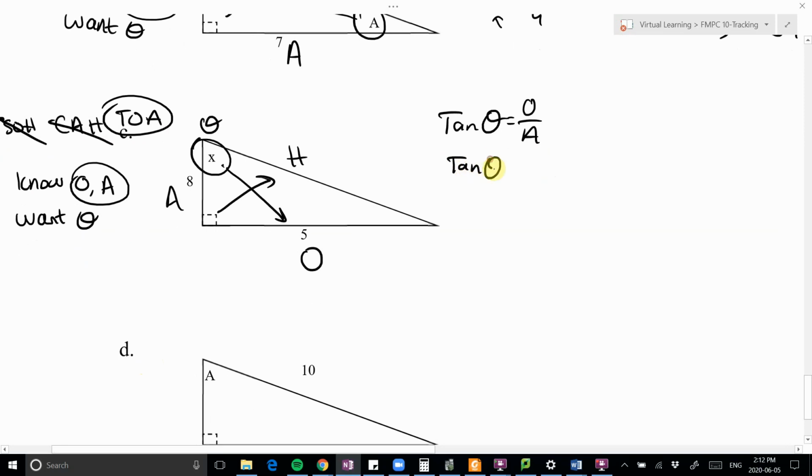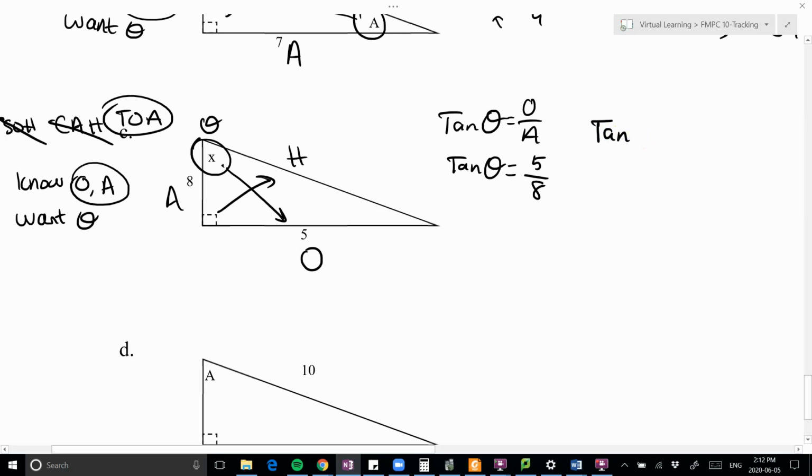Tan theta, 5/8. And so I'm going to show you another fancy calculator trick, and this is where knowing your calculator is going to be really helpful because some of those scientific calculators make your calculations so much easier. So with some of them, you're actually going to be able to just plug it all in at once.